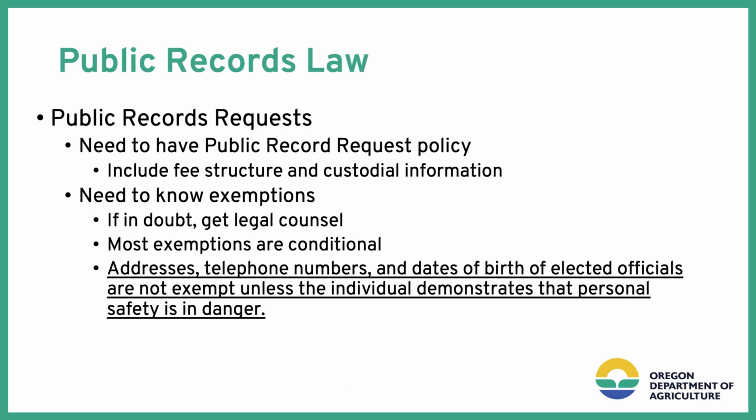You have to put it in writing. You have to say exactly why you feel you're in personal danger. There is a set of criteria, and that exemption is for a limited duration, and you have to renew it. So just be aware that some of that personal information, just as an elected official, is subject to public record law.